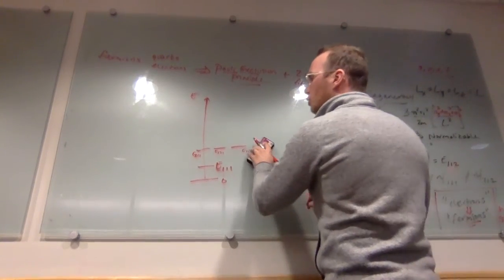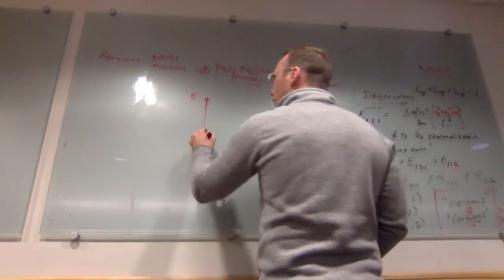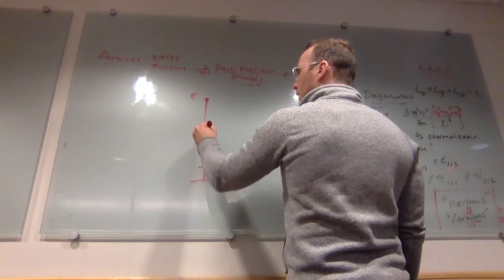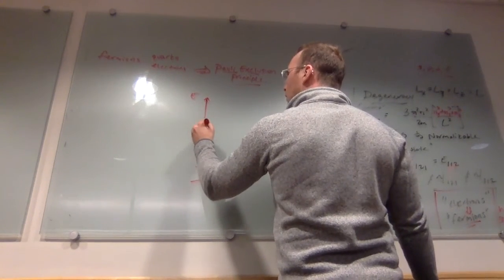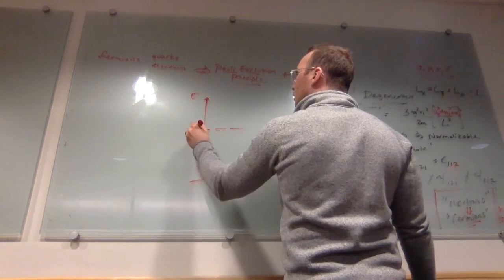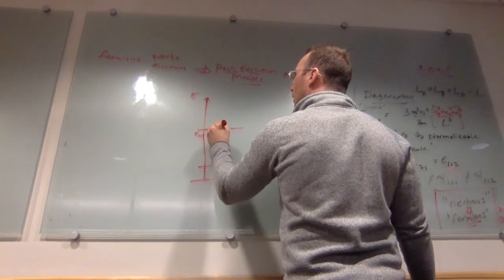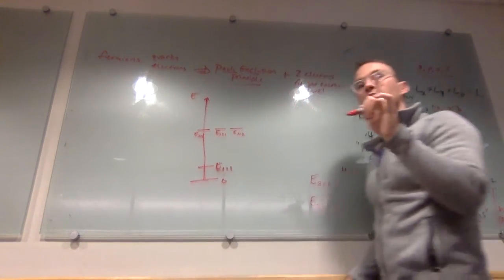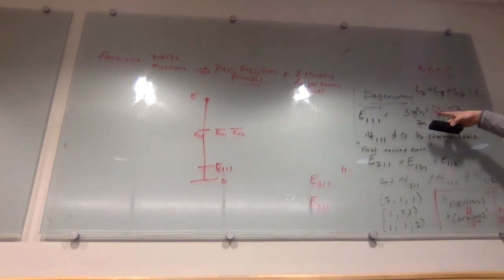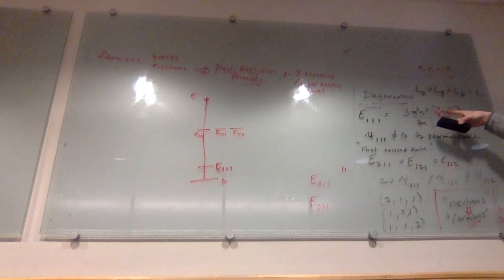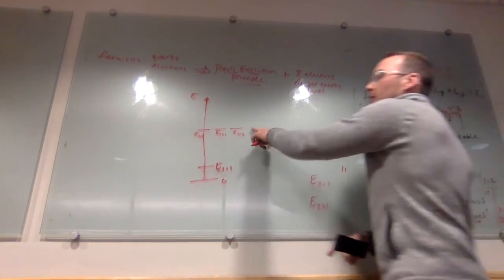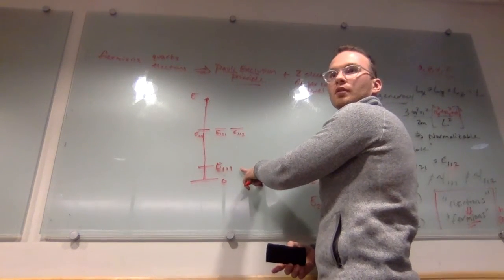If I want to draw these to scale, which you don't have to do, this is 1 unit. E211, only in the case where they're all the same, is going to be 4, 5, 6. So it's going to be like 6 times higher than this.